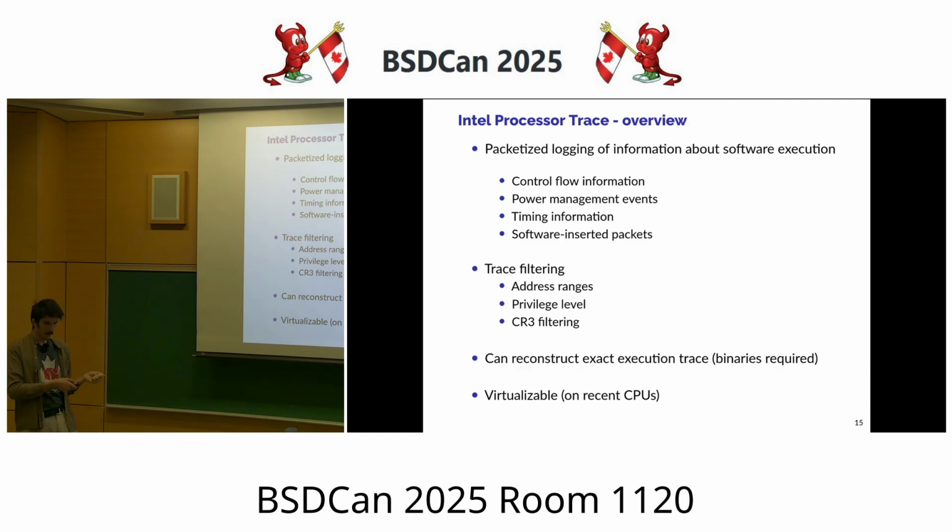So the generated tracing log can be used to construct a complete, exact execution trace of basically whatever your software did on that CPU core.